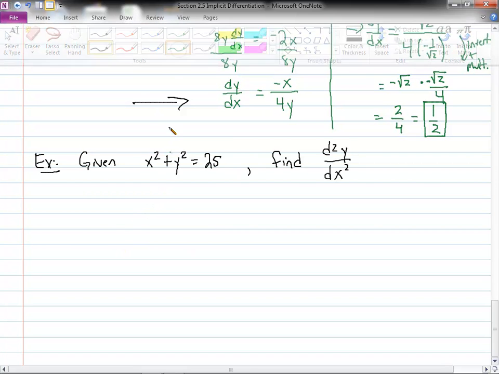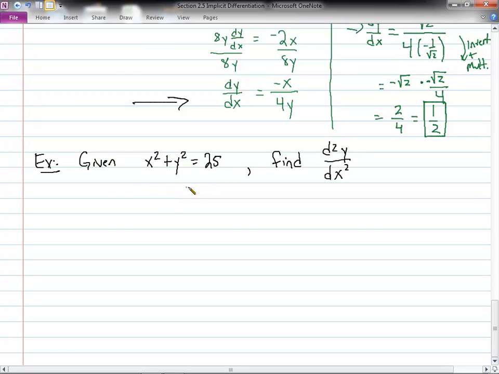So let's go through and do the derivative of both sides with respect to x. Take d/dx of both sides. Clearly we get 2x plus 2y dy/dx equals 0. Agreed?